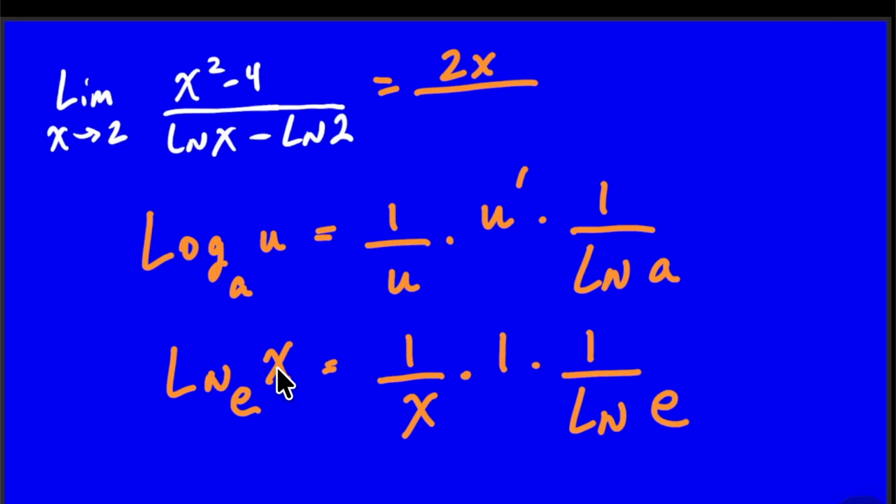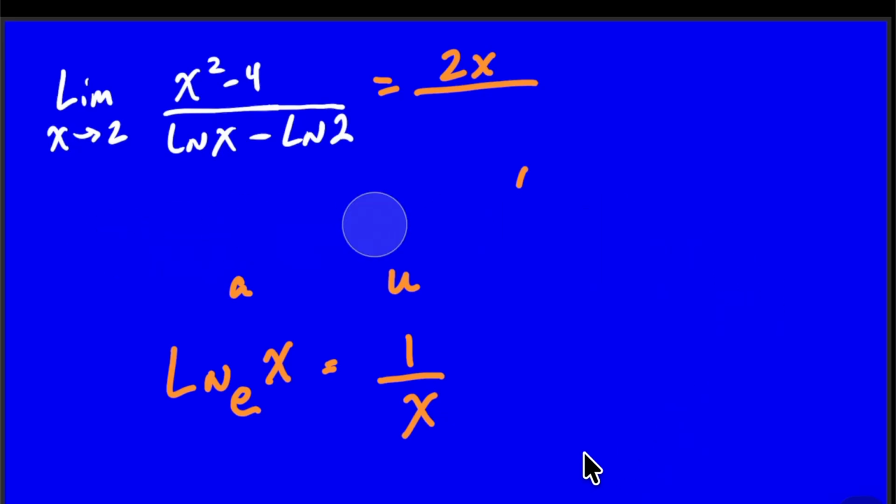So recall, when you take the natural log of e, the base is e, the argument is e. If the base of the log matches the argument, they cancel out and you're left with the exponent. So when all the smoke clears, you have 1 over x times 1 over 1, otherwise known as 1 over x.